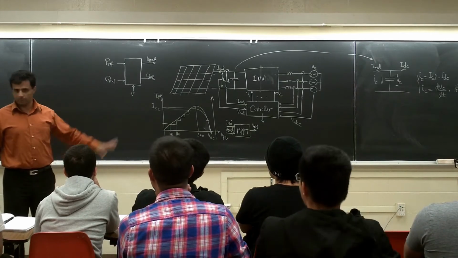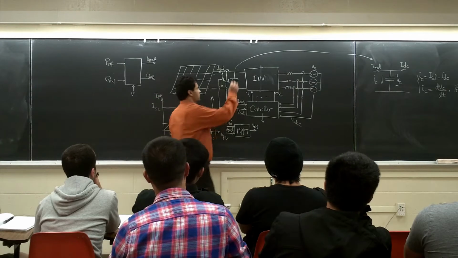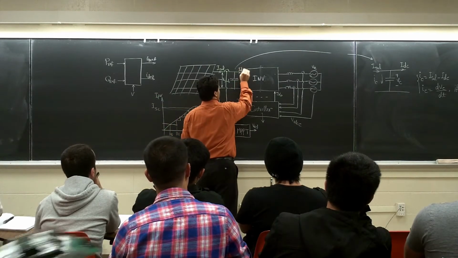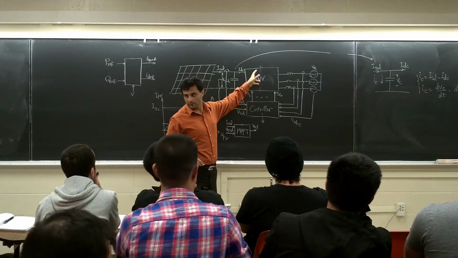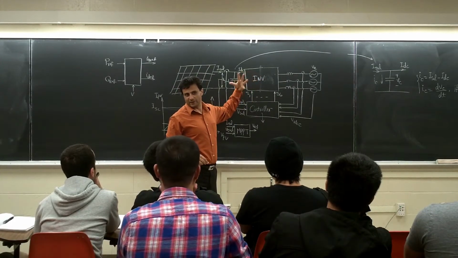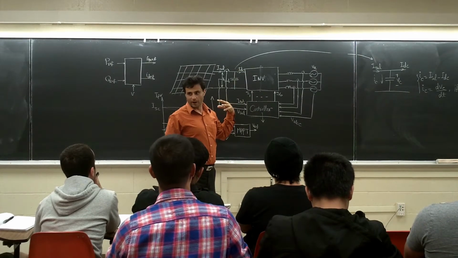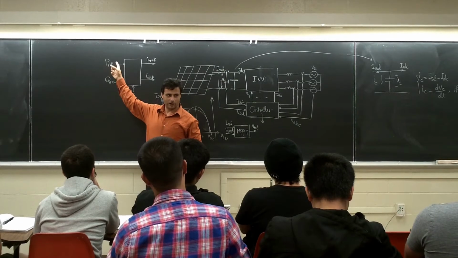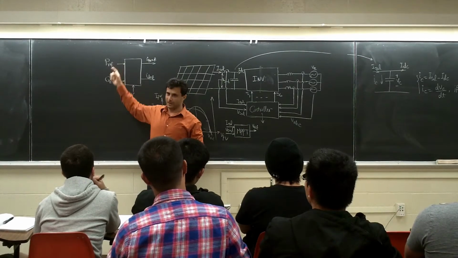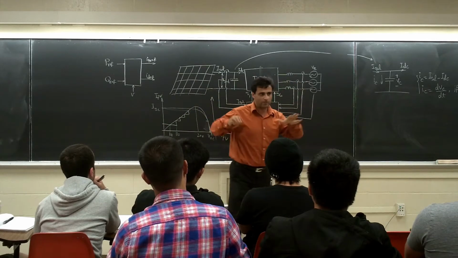P is this voltage times this current, right? I said I reduce the IDC, decreasing power. Now I get connected to the power somehow. I need to reduce my power. I need to tell my inverter, act such that the power comes down.